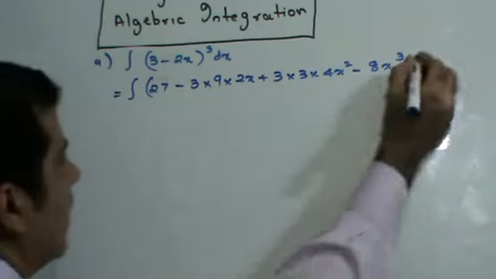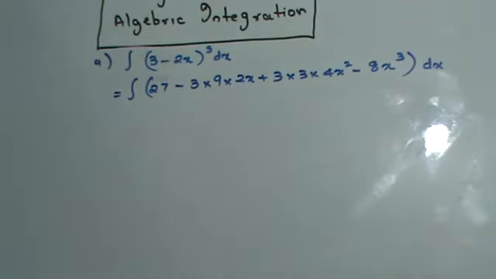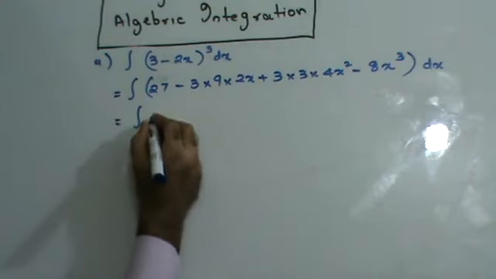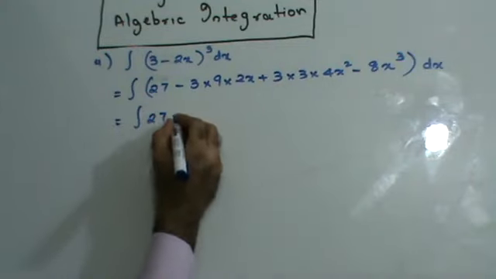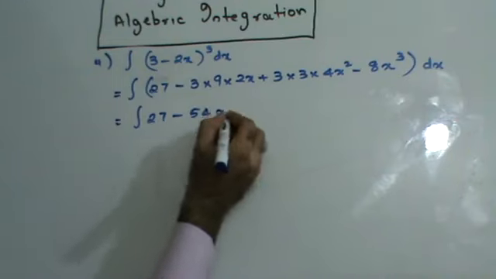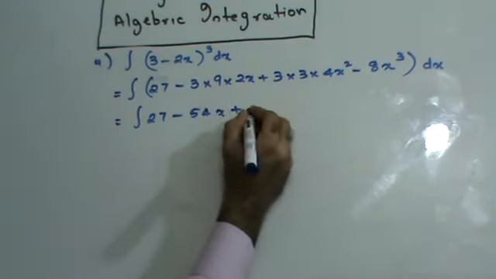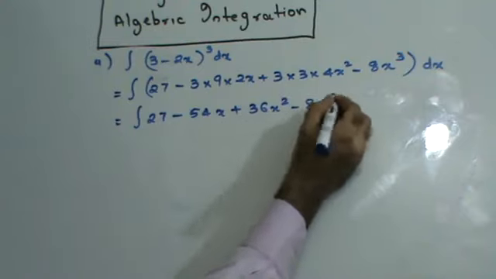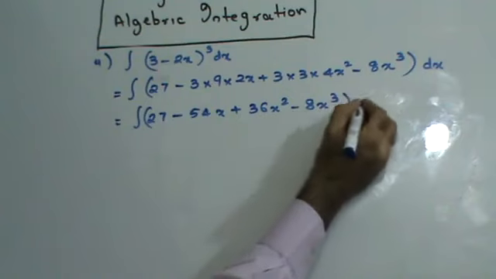I am expanding using the formula a minus b the whole cube. So this is going to be integral of 27 minus 9 3s are 27, 27 2s are 54x plus 3 3s are 9, 9 4s are 36x square minus 8x cube with respect to x.